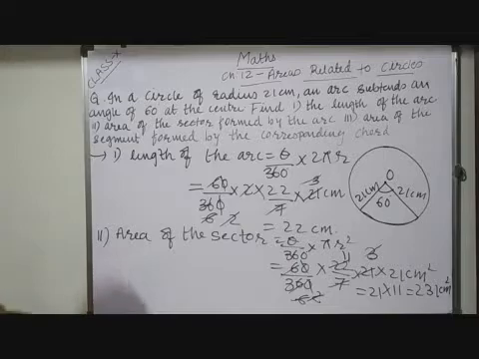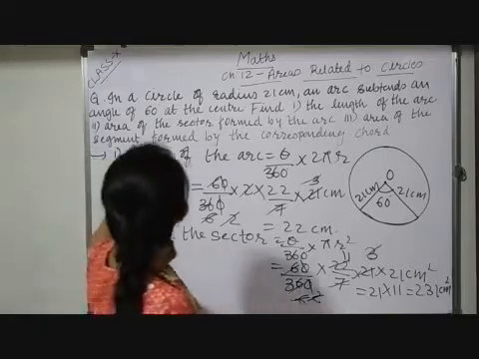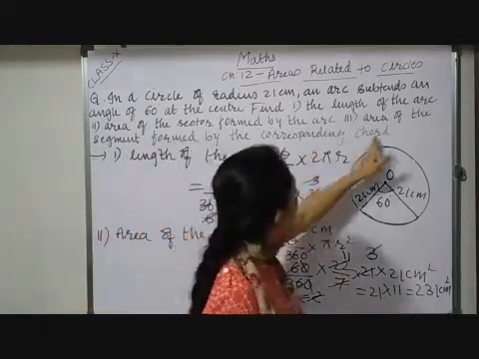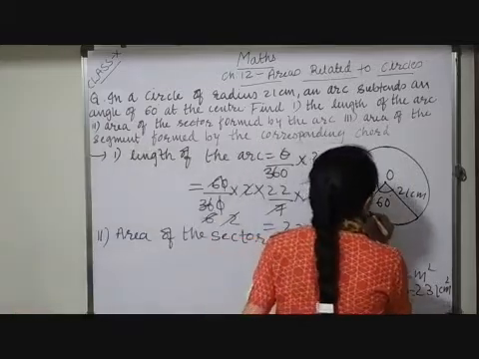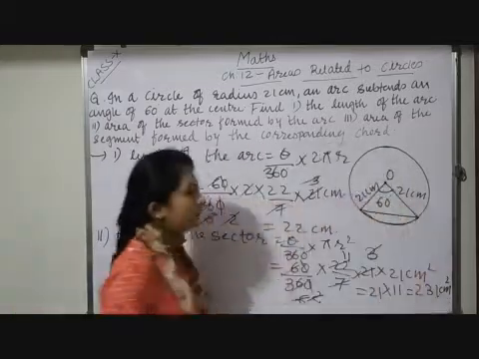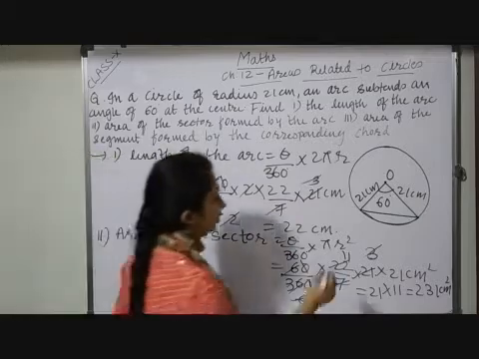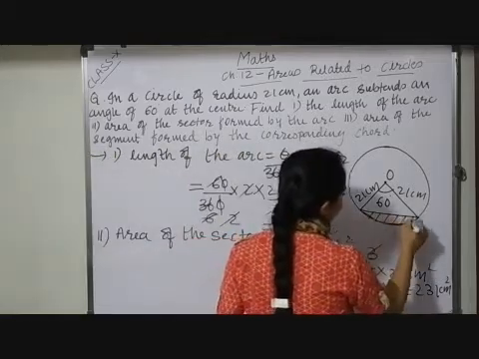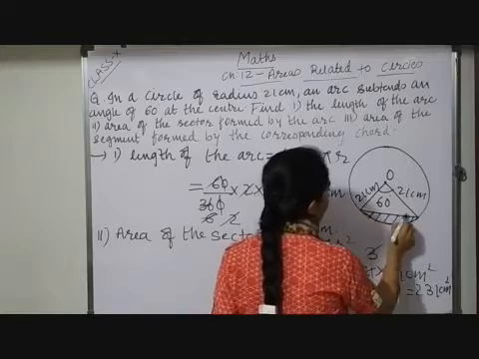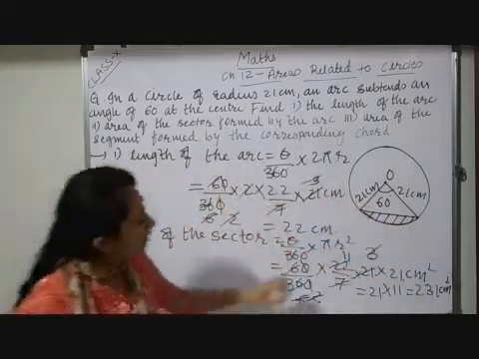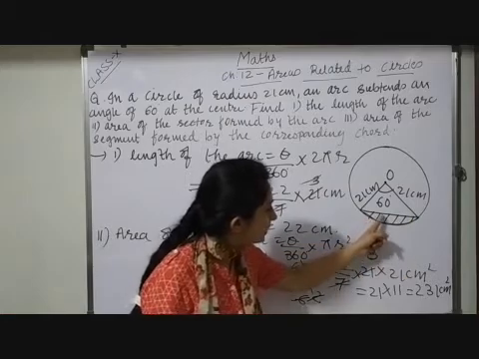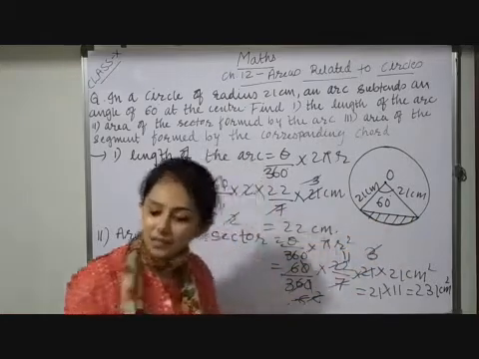Now third one, area of the segment formed by the corresponding chord. So here we have to find the area of this segment formed by this corresponding chord. If I join both, here I will get a chord, and I have to find the area enclosed by this chord and the arc, that is a segment.